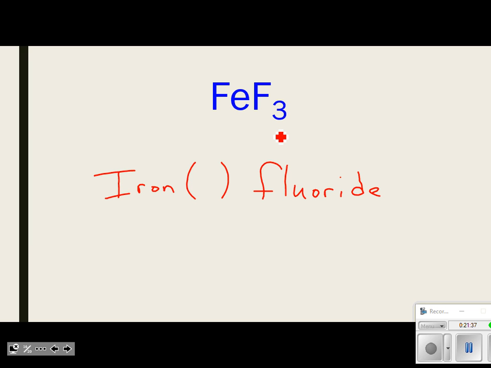Yes. I have 3 fluorides. Excellent. I have 3 fluorides. So what iron must I be dealing with here? Iron 3. So I'm going to put 1, 2, 3 as my Roman numeral. Iron 3 fluoride.